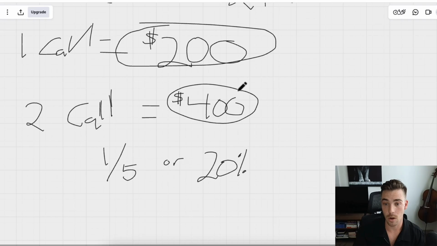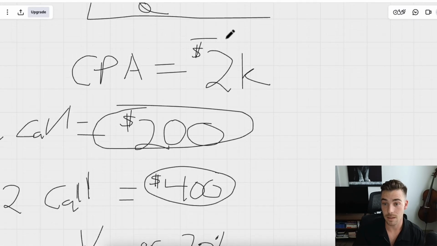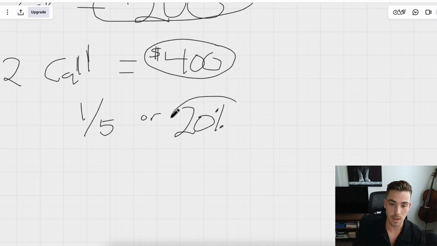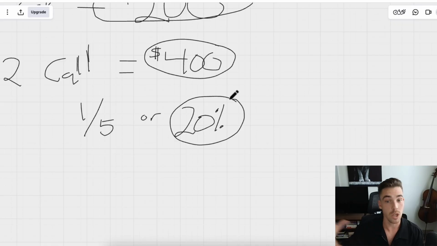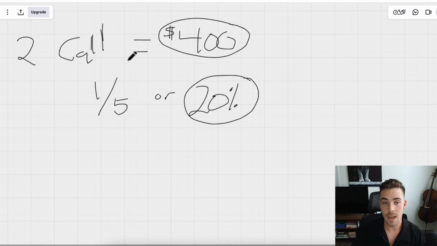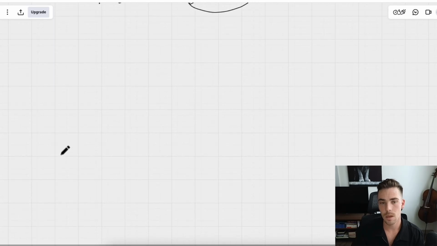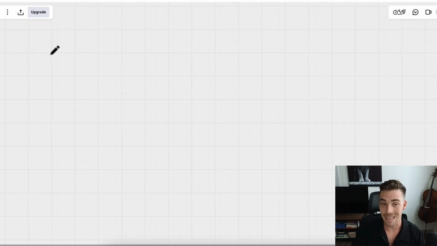$400 cost per call times 5 would be a $2,000 CPA. Okay? Now, the math to get you to this 20% booked-call-to-close rate is, after they get booked from a setter with your 2-call process, you should have at least a 70% show rate.